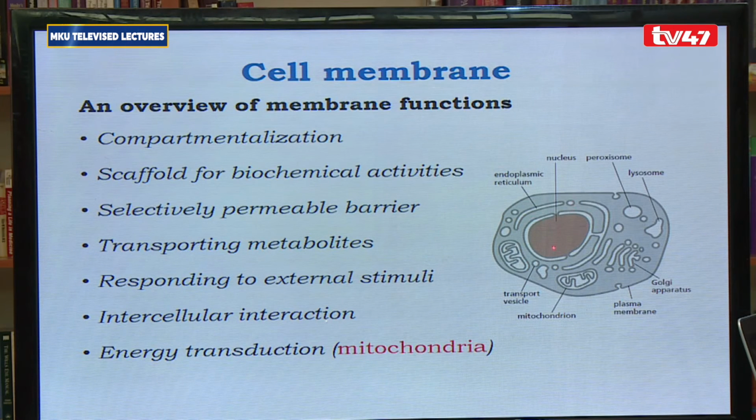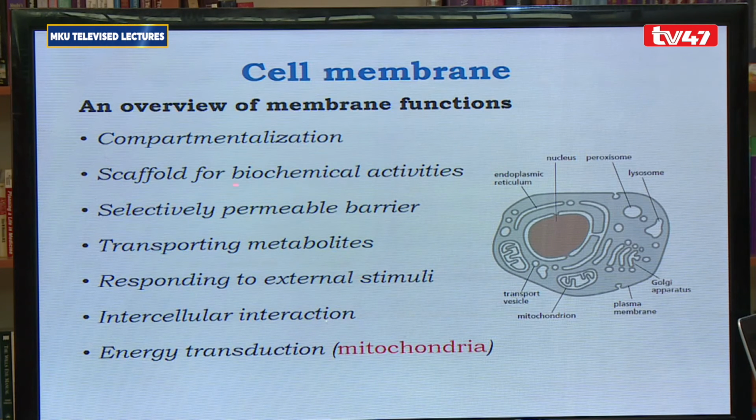So here you have DNA, you have things like DNA synthesis, RNA transcription, DNA replication, and you have the transport vesicle carrying substances in and out of the cell. So different activities are happening in different organelles. That compartmentalization is created by those various membranes, breaking down the cell into different compartments so that different activities can happen in different compartments.